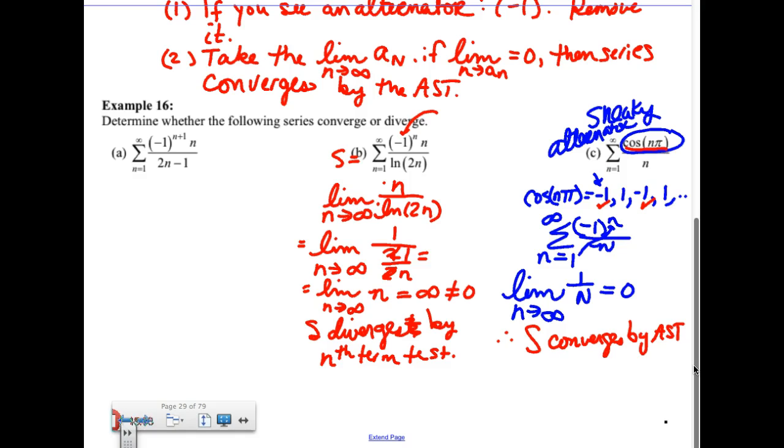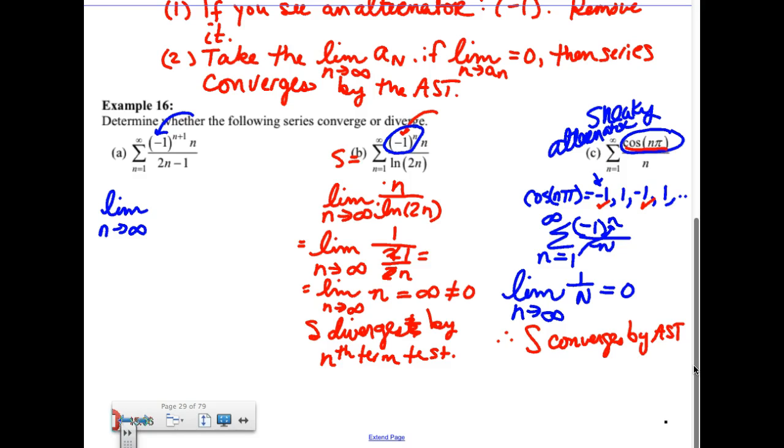In the presence of an alternator, the alternating series test says now if your limit goes to 0, the series will converge because that subtraction of every other term will cause it to go to 0 fast enough to converge. So I've said it a lot, but it's important. So again, I see an alternator, dead ringer for taking a limit, which you should always do first anyway, because you should always run that nth term test first.